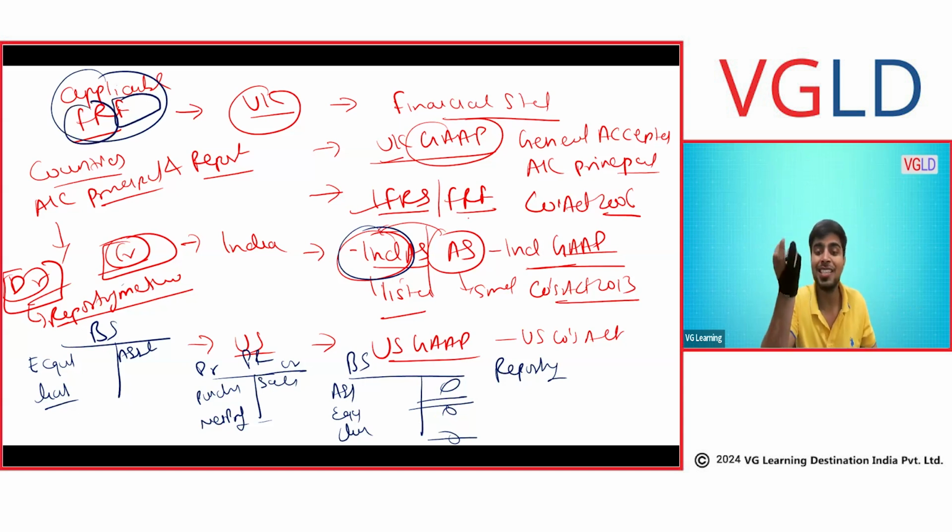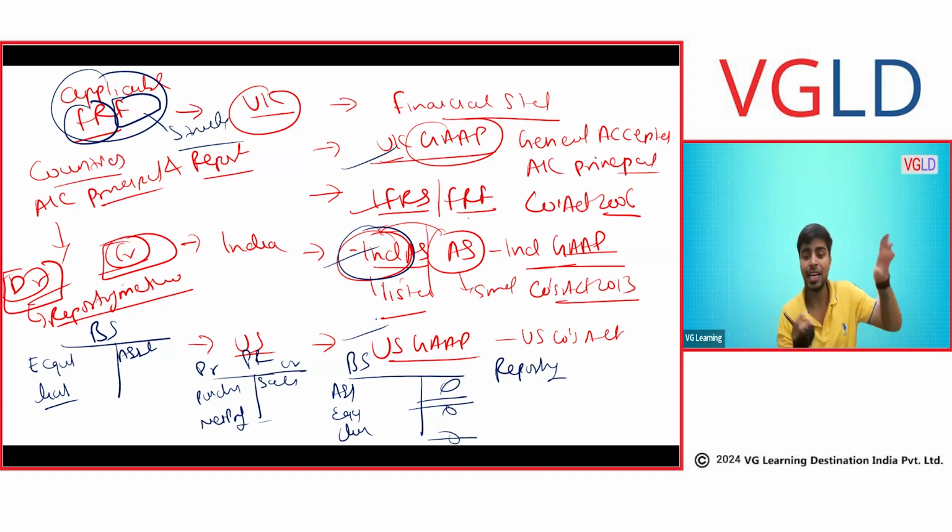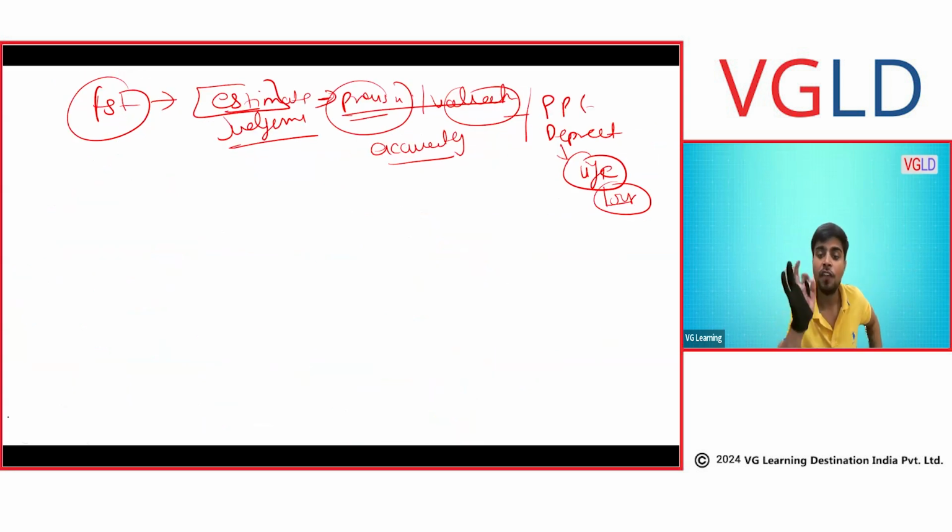What is a framework? It is the structure. UK GAAP structure, Indian GAAP structure, US GAAP structure, Bermuda GAAP structure, Australia GAAP structure. Whichever country you are in, you are supposed to prepare financial statements as per the applicable financial reporting framework, structure, reporting standard.